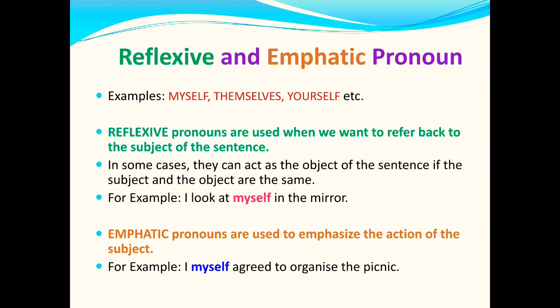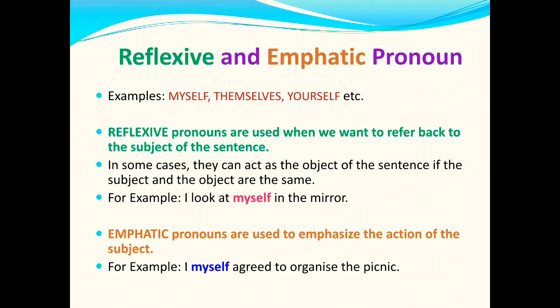For example, I look at myself in the mirror. Here we can see the subject and the object, that is I and myself, are reflecting each other. So here the word myself is working as a reflexive pronoun. Emphatic pronouns are used to emphasize the action of the subject.